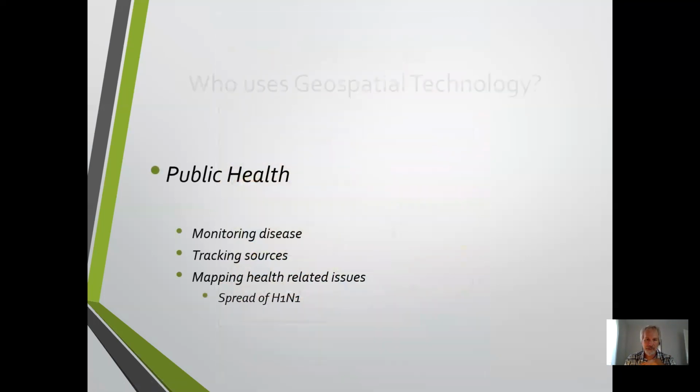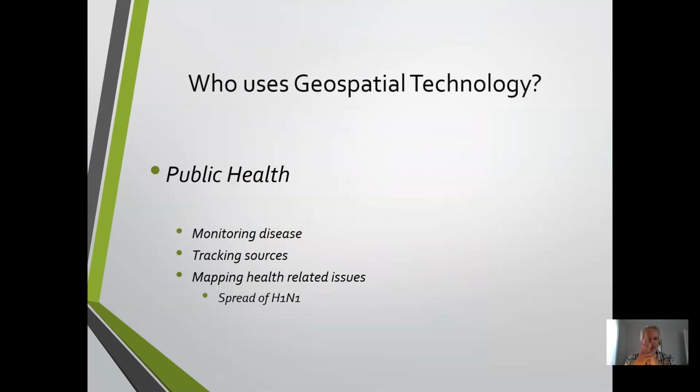Public health. We're seeing this right now with the COVID aspect, but it's been big on monitoring disease and tracking sources. And of course, you're mapping health-related issues. You can't hardly turn on the news anymore without looking at the maps that you're seeing out there due to the COVID issues.